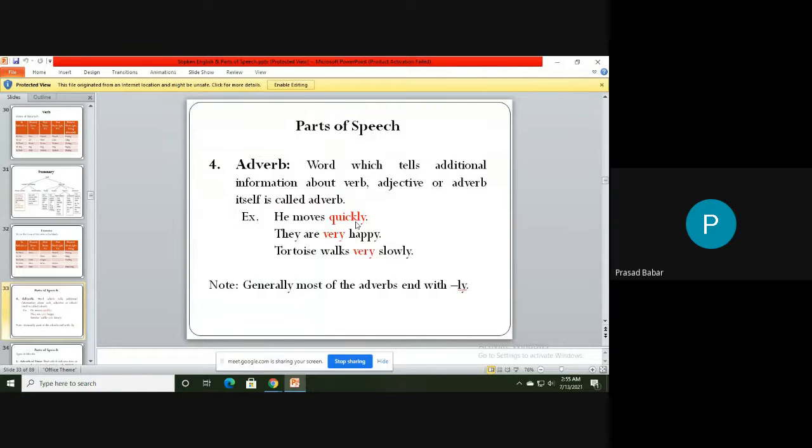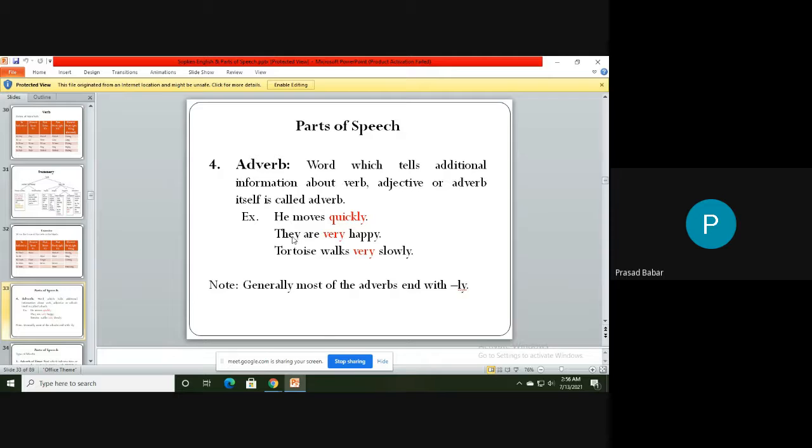In this sentence, the highlighted word quickly is the adverb, and it tells more information about the verb. How does he move? If we ask the question to the verb, how does he move, then it will answer quickly, and that is why it is the adverb.